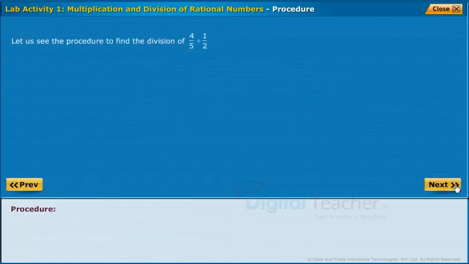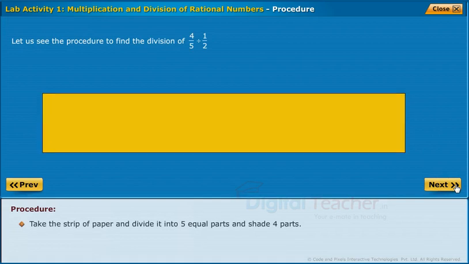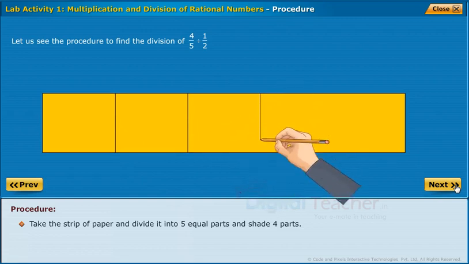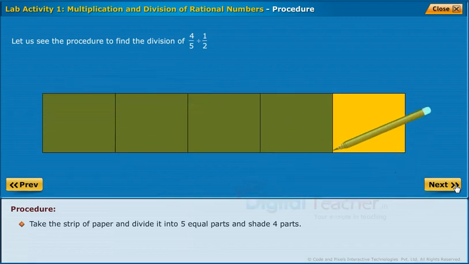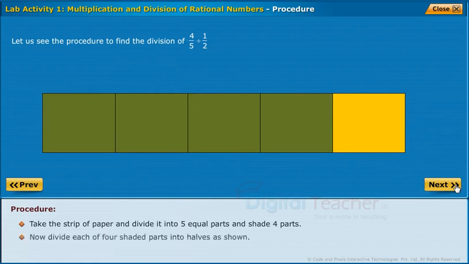Let us see the procedure to find the division of 4/5 when divided by 1/2. Take the strip of paper and divide it into 5 equal parts and shade 4 parts. Now, divide each of the 4 shaded parts into halves as shown.